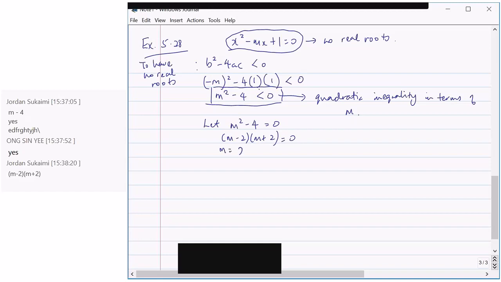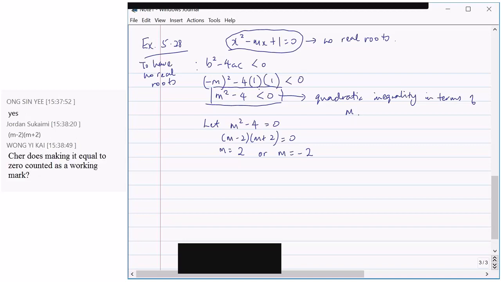M is 2 or M is minus 2. Correct up to here? Yes, making it 0 counts towards the working mark. Please show all working. I don't know how much it counts, whether it counts at all, but just in case they decide to deduct mark if you don't have that. Okay, so I have M equals to 2, M equals to minus 2. Up to here, okay?